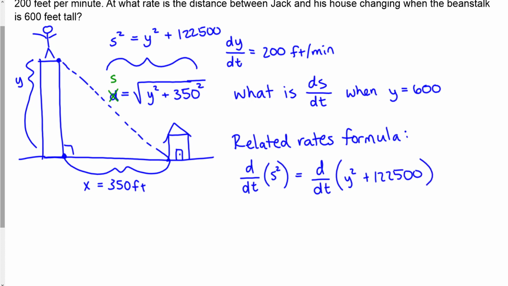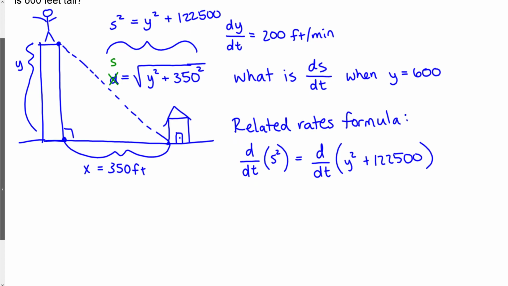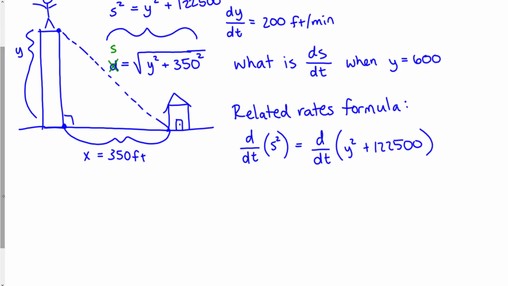Okay. And because I'm doing implicit differentiation, it doesn't matter that I write the equation implicitly, so I got the s squared written by itself instead of an explicit equation where s is by itself.